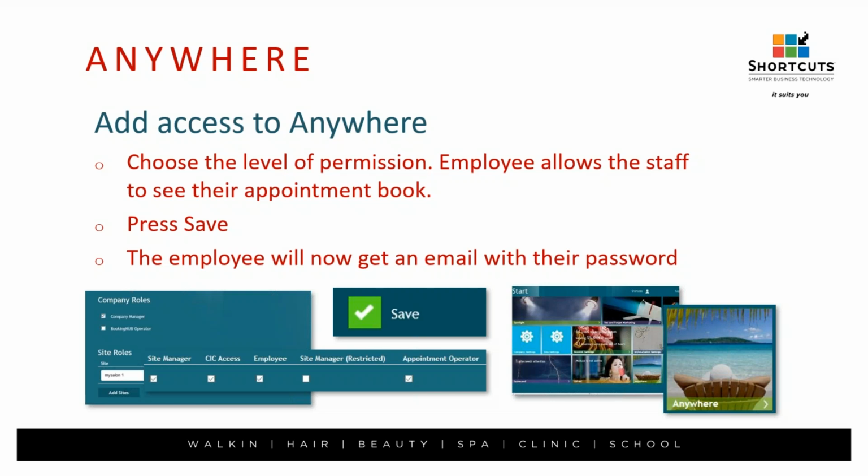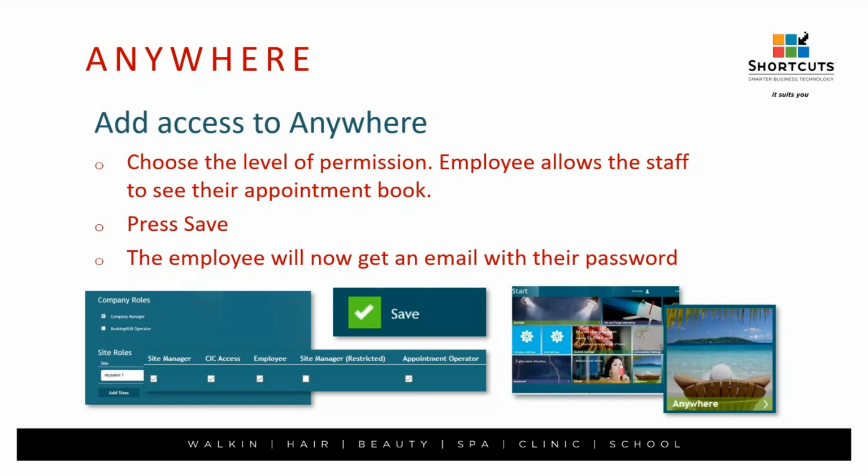So usually, employee is the first permission you give your staff. And if these people should be able to make appointments for themselves, that's when they also become appointment operators. So again, about 90% of the sites I work with, they usually give their staff only two permissions, employee and appointment operator. So that if they're working remotely, if they're at the grocery store and they come across one of their customers, and their customer says, by the way, do you have any openings this Saturday?